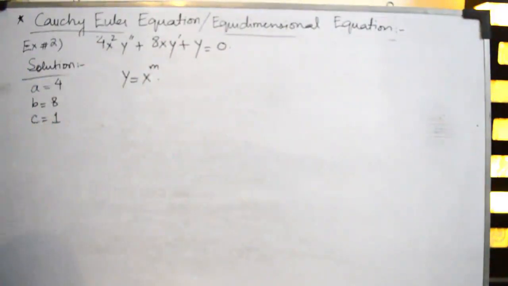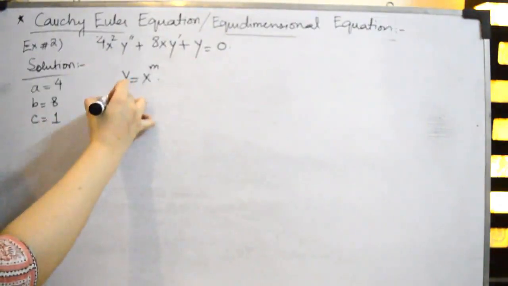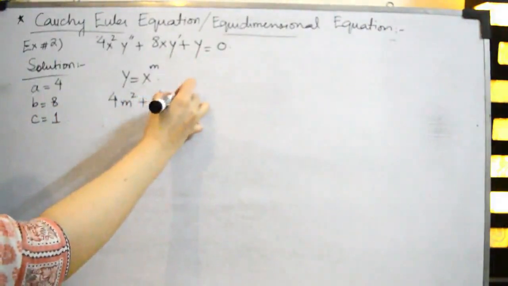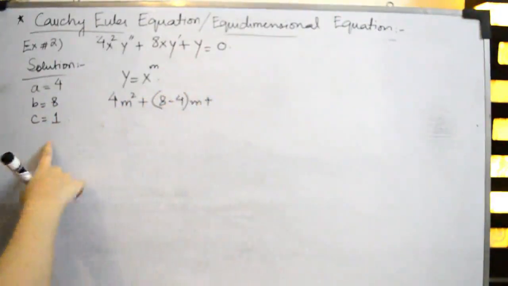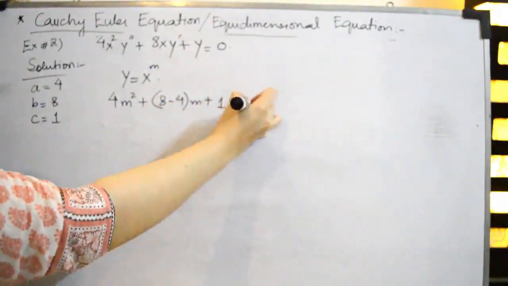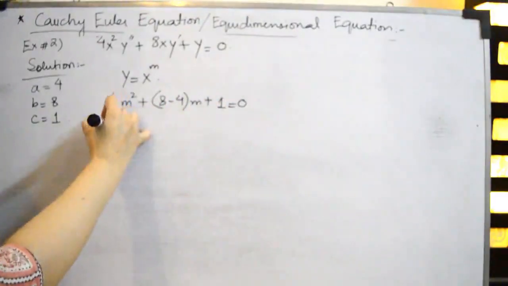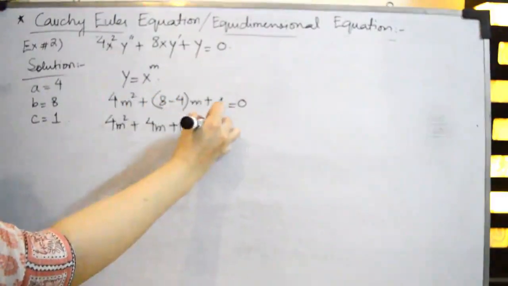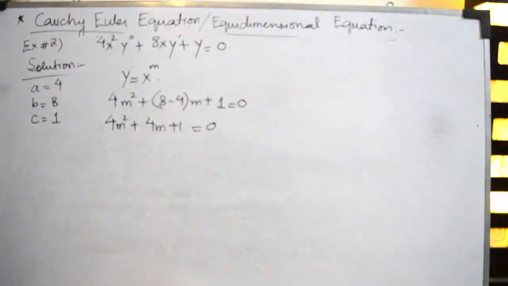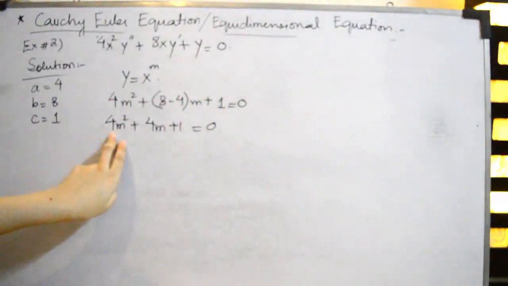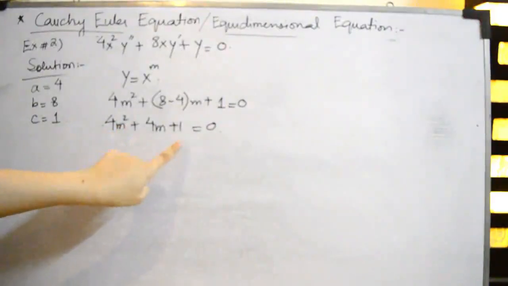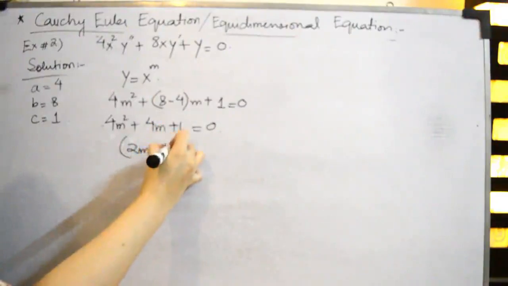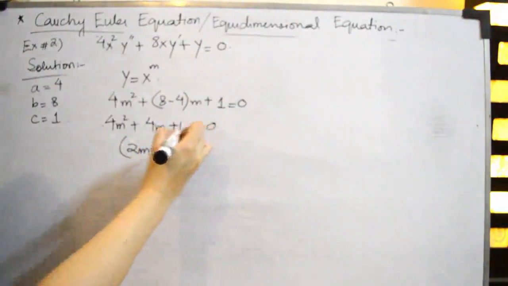So the auxiliary equation is a m square plus (b minus a) m plus c equals 0, that makes it 4m square plus 4m plus 1. So that makes (2m plus 1) whole square, that is (2m) whole square plus 2 into 2m into 1 plus 1.